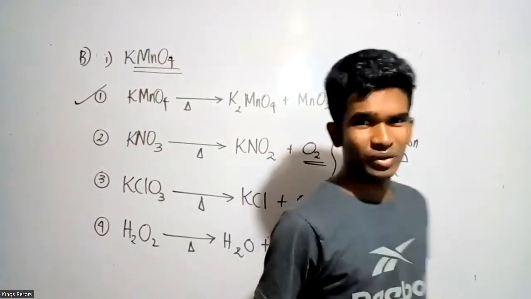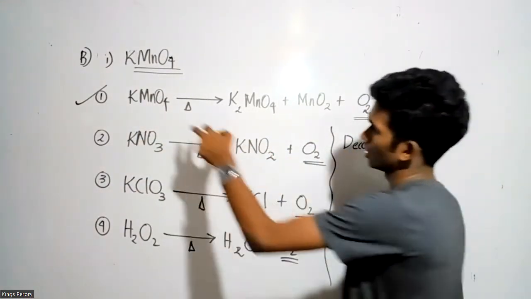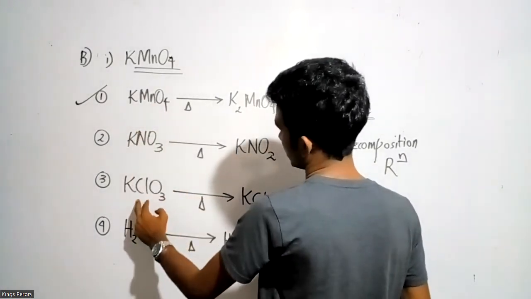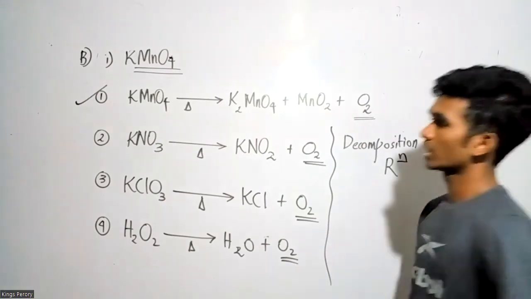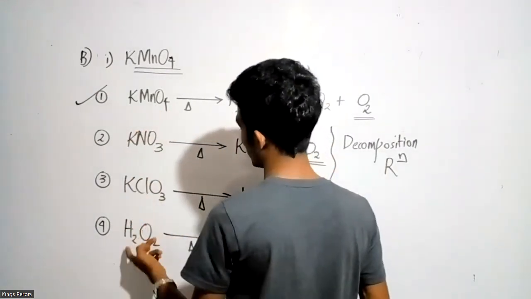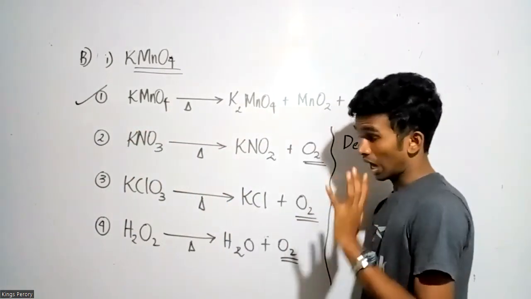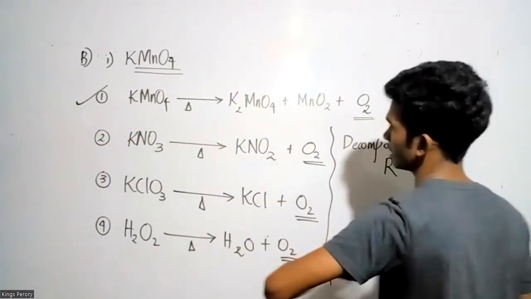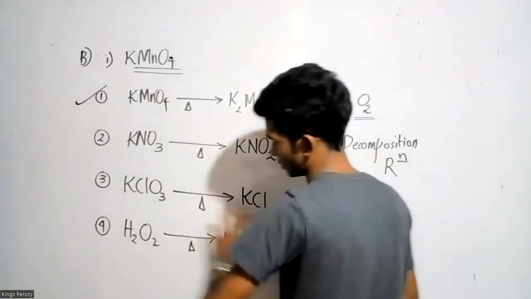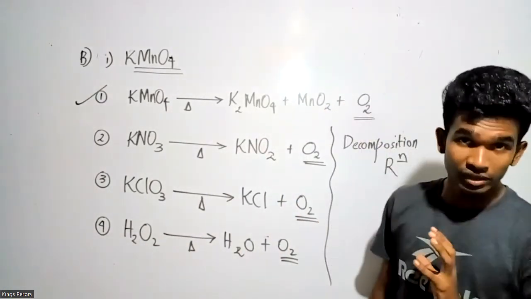So you can memorize it like this: 3 potassium containing compounds, 1 hydrogen peroxide. I would recommend you fully memorize the reactions and keep them in mind. They won't ask for the full reactions, but sometimes they can give you fill in the blanks.